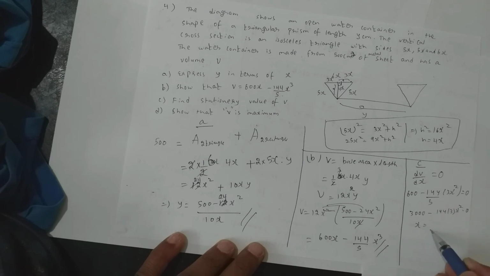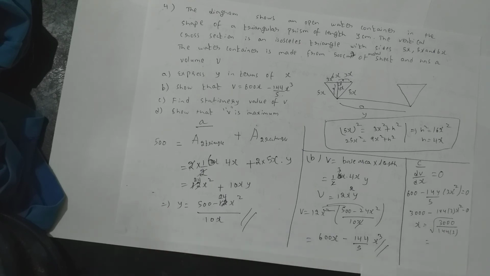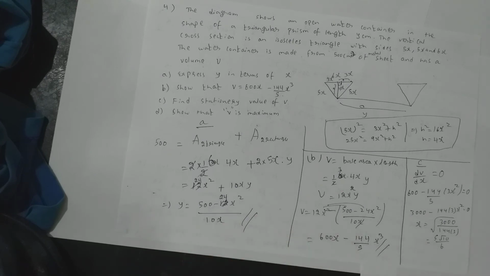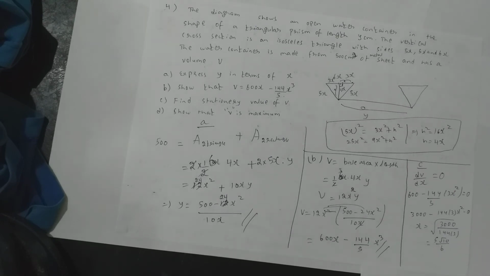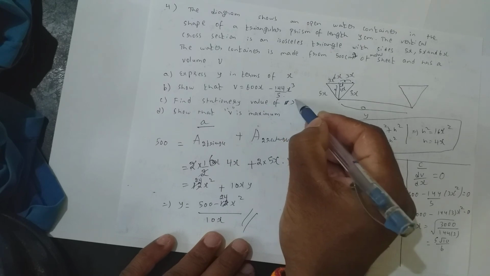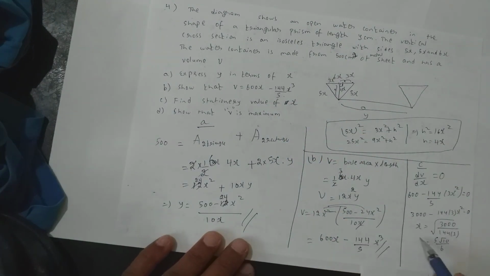So x equals square root of 3000 by 144 into 3, which will be 5 root 10 by 6. He is not asking us for V. Change it to x. We got x.